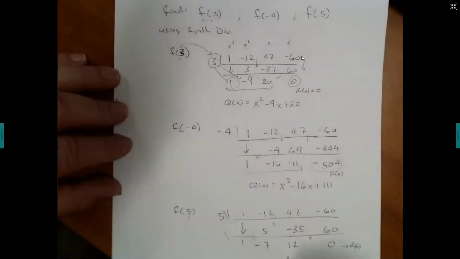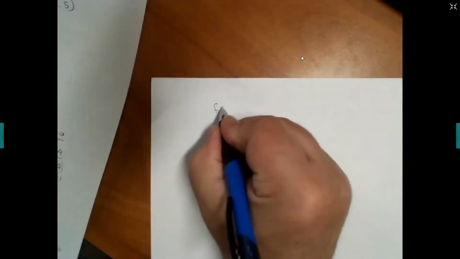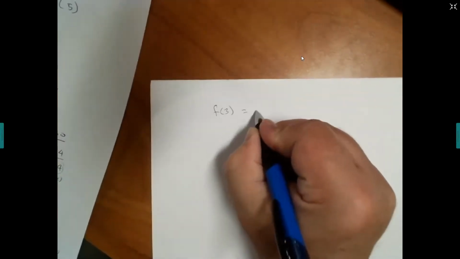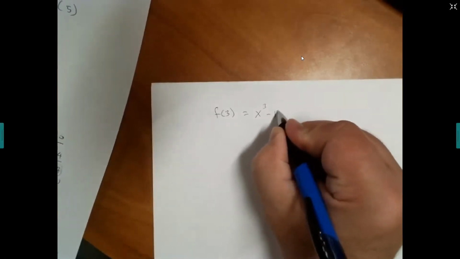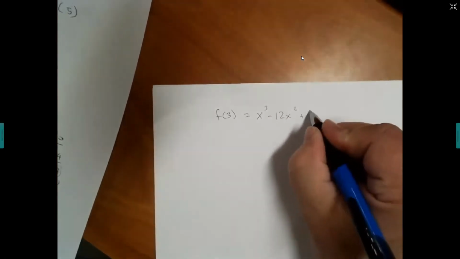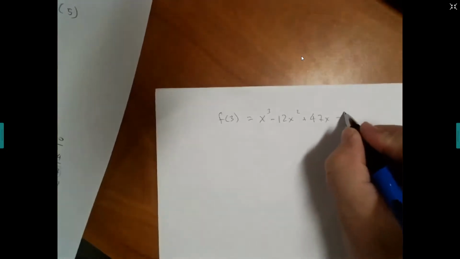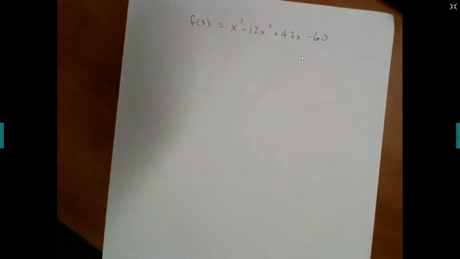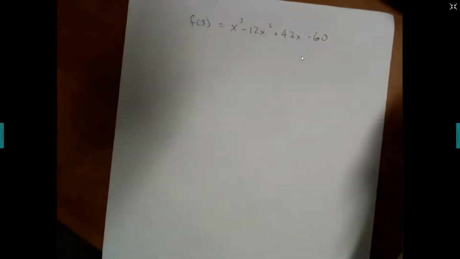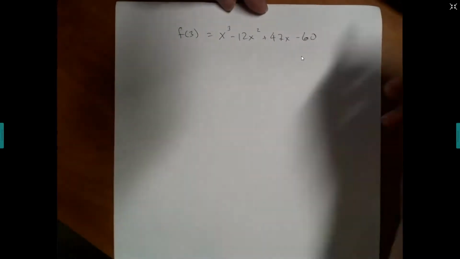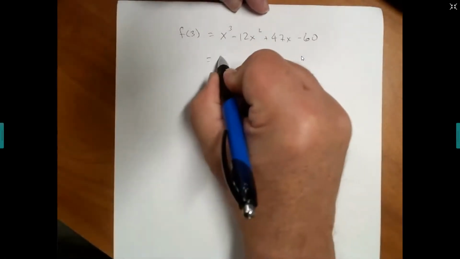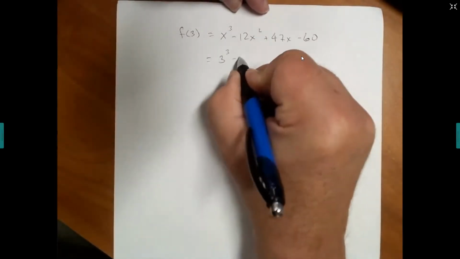If I gave you f of 3 equals x cubed minus 12x squared plus 47x minus 60, what would you do? What would be your natural instinct to do? Just plug in 3 wherever x is.